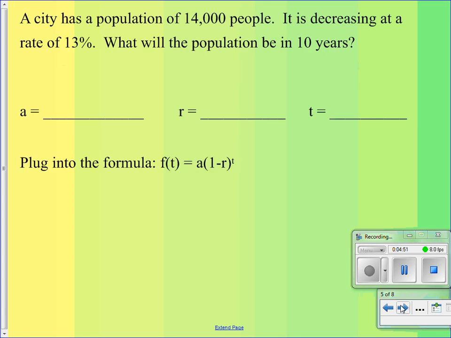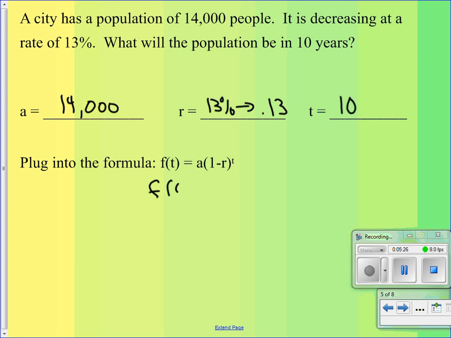Example 2: a city has a population of 14,000 people. It is decreasing at a rate of 13%. What will the population be in 10 years? So our initial population is once again the a, so 14,000 people. Our rate is 13%, which converts to 0.13, and we're going to find the population in 10 years, so t is 10. It says the population is decreasing, so now we're going to use the decay formula.